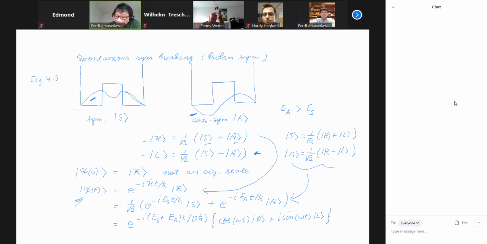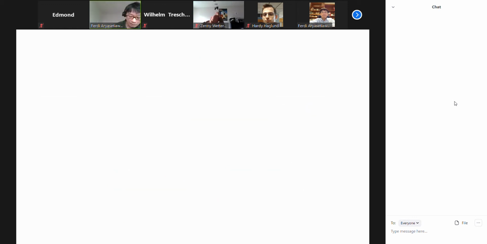Let me calculate the probability of finding this state on the R. That would be cosine squared omega t, whereas the probability of finding it on the left state must be just sine squared, because they have to add up to 1.